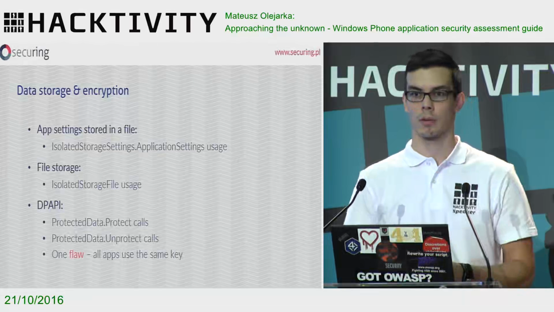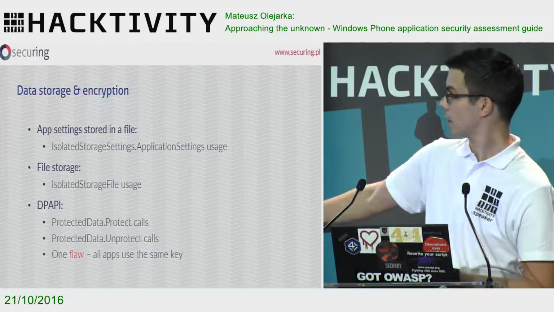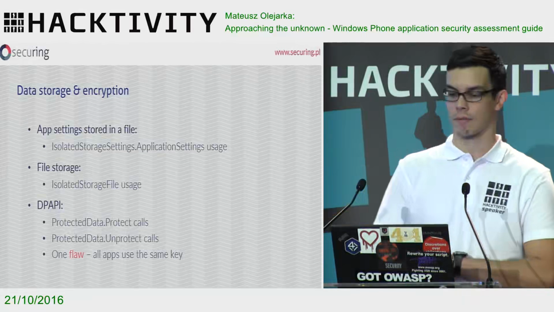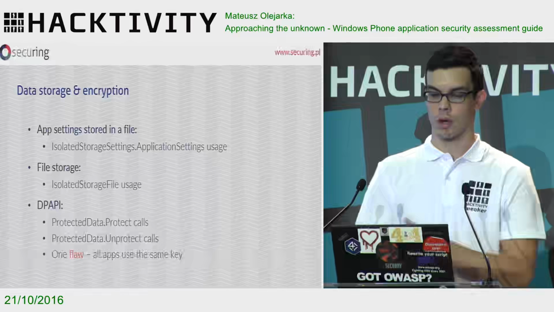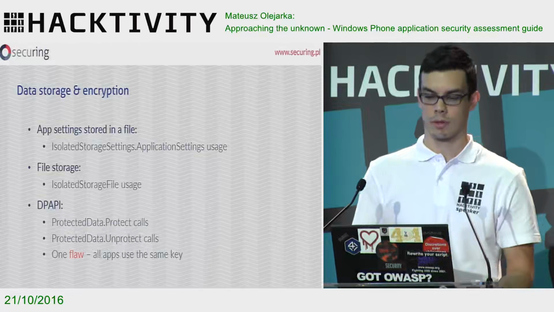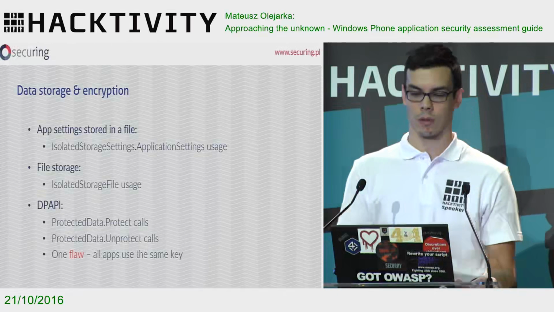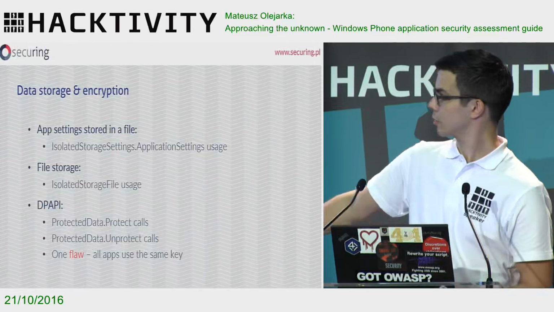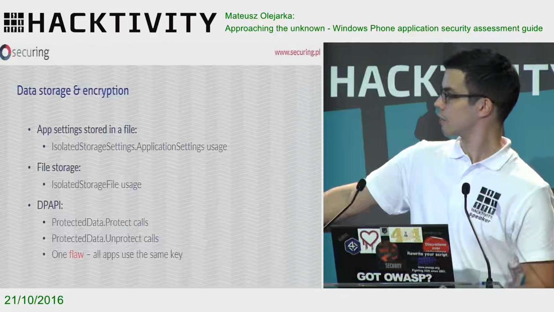When you use key value pairs in application settings, there is an underscore application settings file, I will show it later, which holds those entries. It's just basically XML file without the extension. Files are stored in the same folder, using isolated storage file.